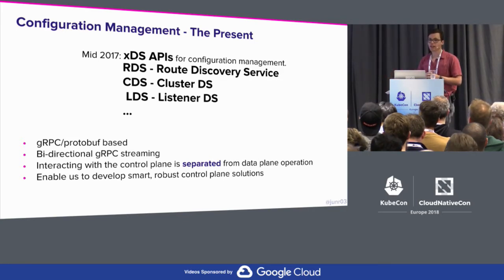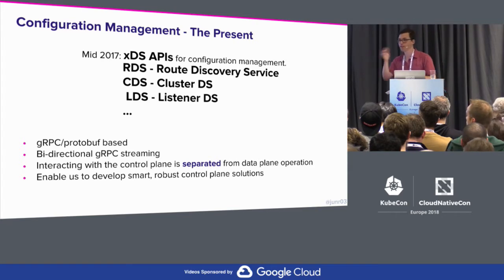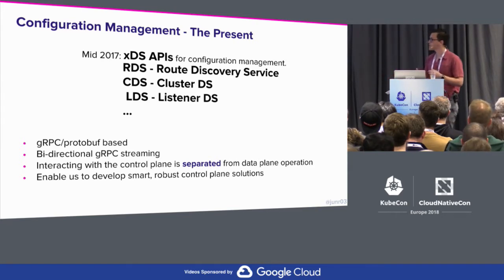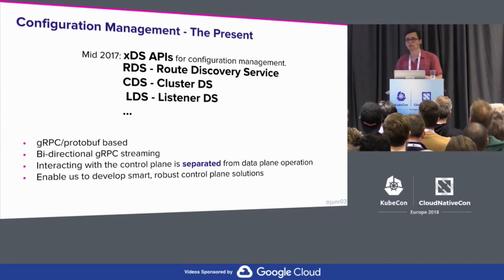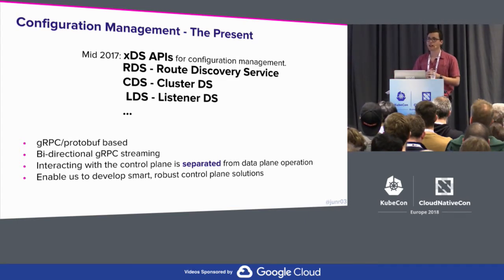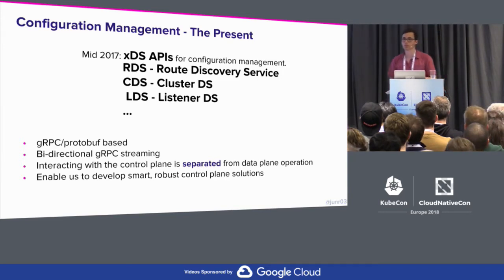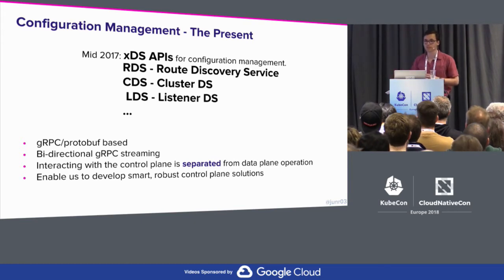The APIs are gRPC based, so if you were in the previous session, you have the context from that. They are enabled for bidirectional streaming, and this really allows us to separate configuring the control plane from the data plane operation. And on top of that, then we are able to build really neat systems that provide us solutions for the problems that I've been describing.